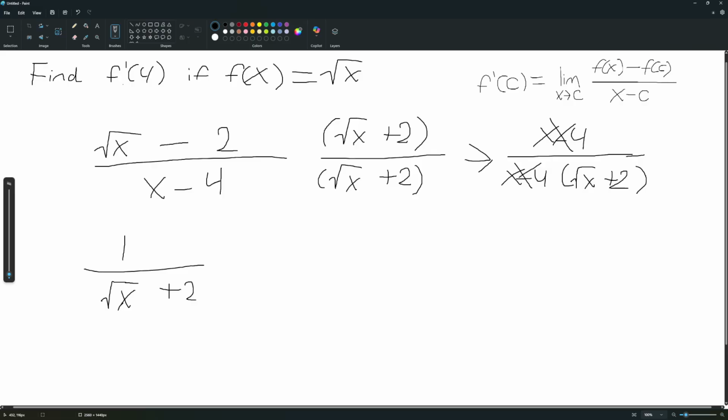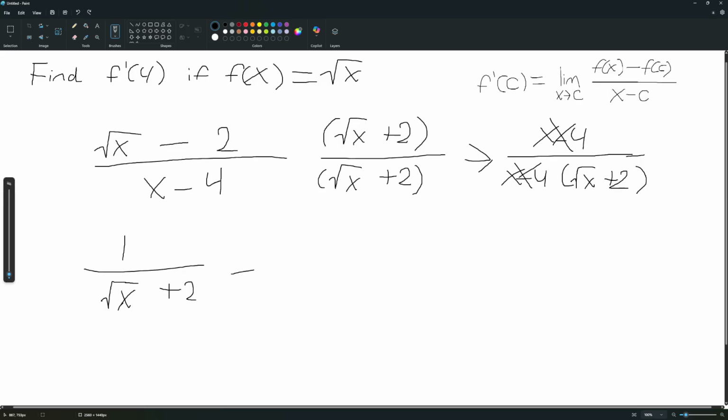Now, I know that I said earlier that we're going to use 4 specifically for c. But once we get here, we do have to plug in 4 for this x, because keep in mind, it is still an x value. We just used it for c up here. F of x is the square root of x, but that specific x value is 4.